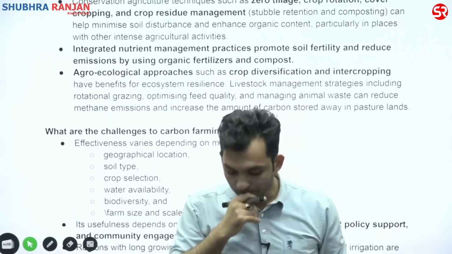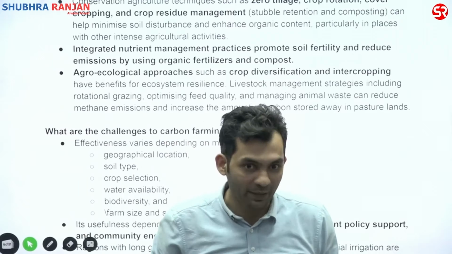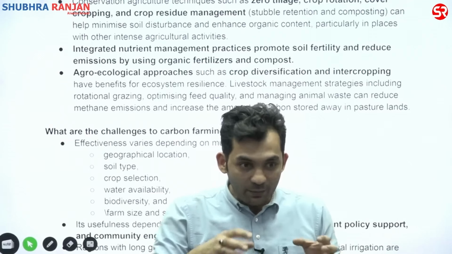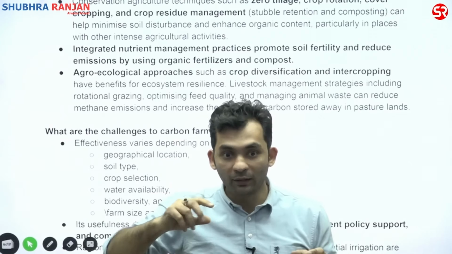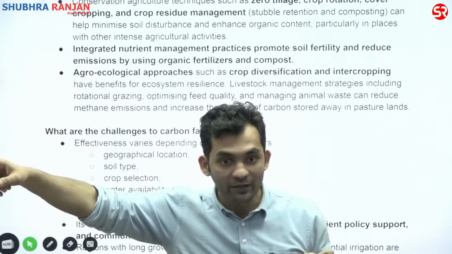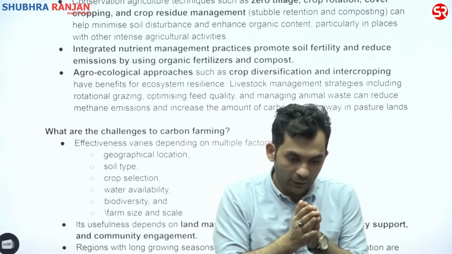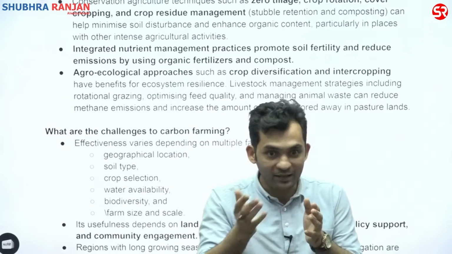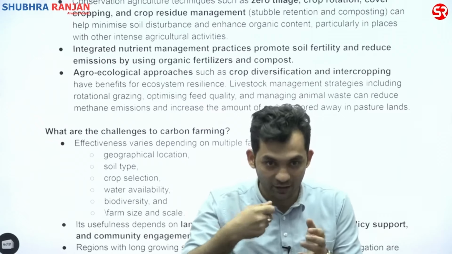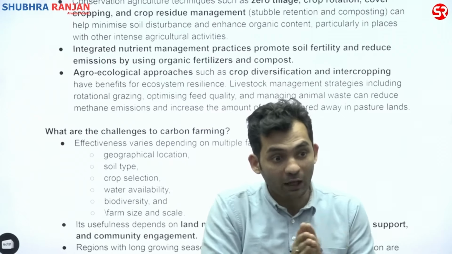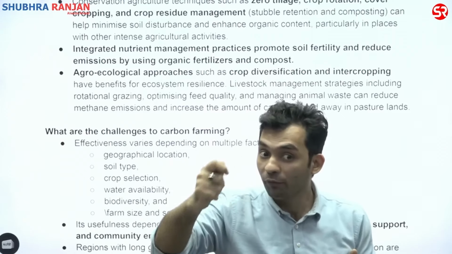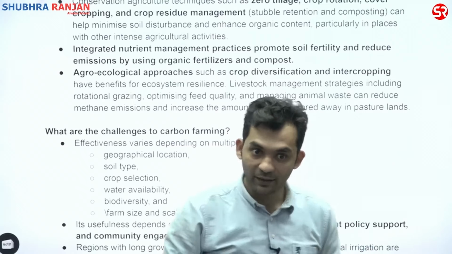Let's say you are using 10 kgs of pesticides today. In its manufacturing, there might be some release of greenhouse gas in a company. So if you reduce your consumption of pesticides, or if you do better nutrient cycling, that will also reduce carbon dioxide. That will also be part of carbon farming. Make sense? Is that clear? Okay.